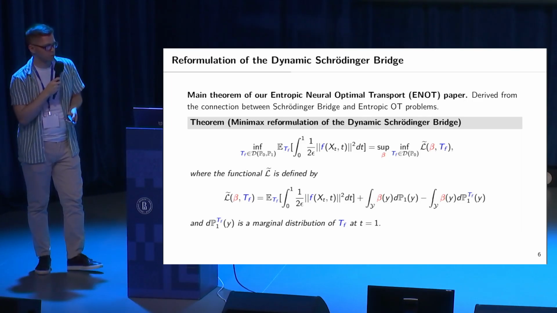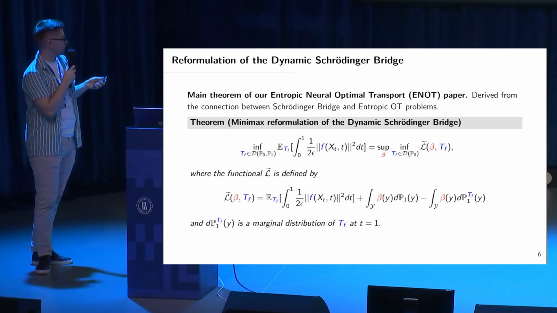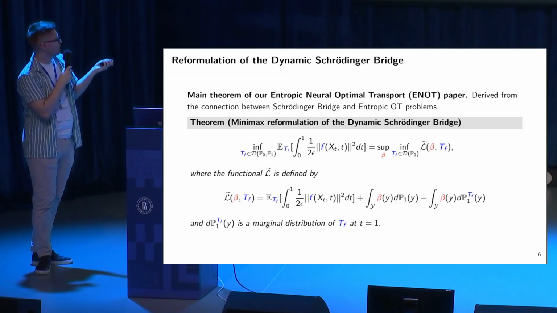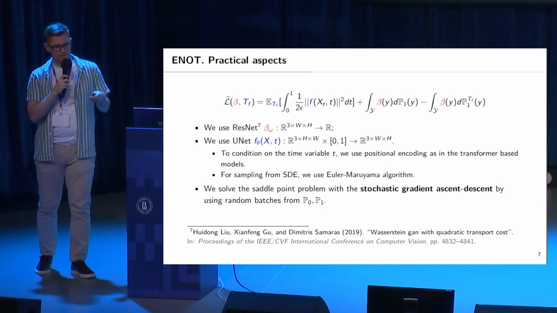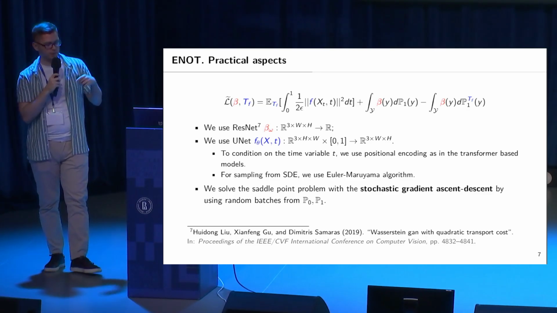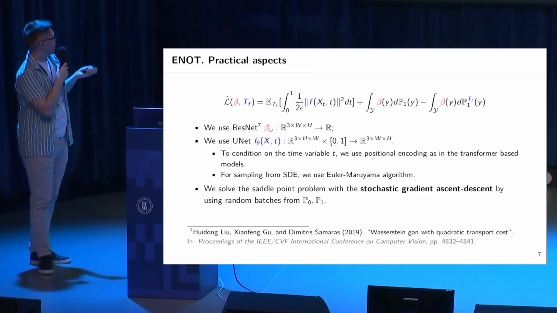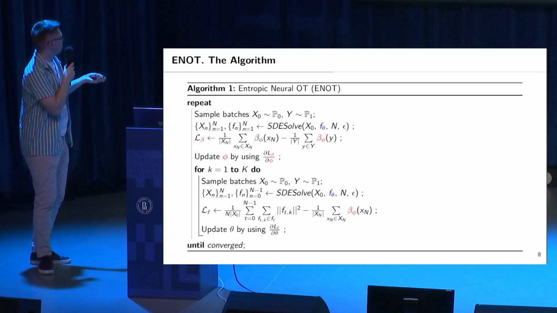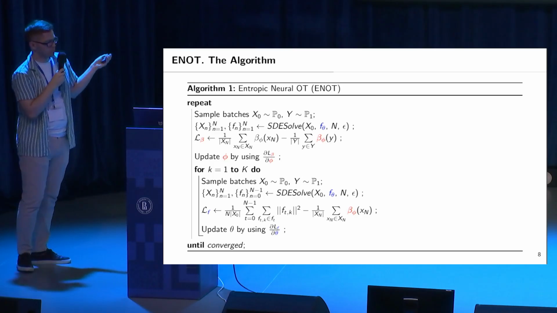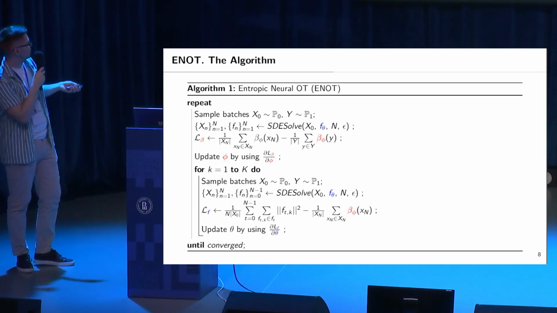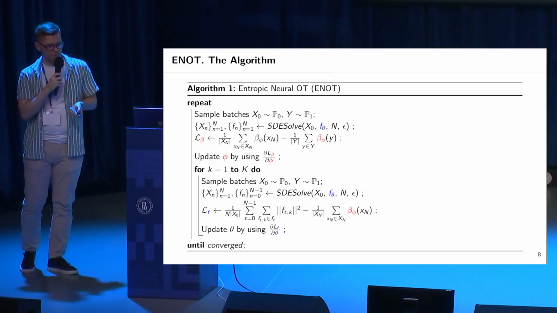Now we can solve it because it is given in the maximin form, and we just need to parameterize the additional function beta and the function T_f with some neural networks, and then we can optimize it by using the standard stochastic gradient descent algorithm. So there is an algorithm. There are just two cycles. In the inner cycle, we optimize the stochastic process. In the outer cycle, we optimize the function beta.